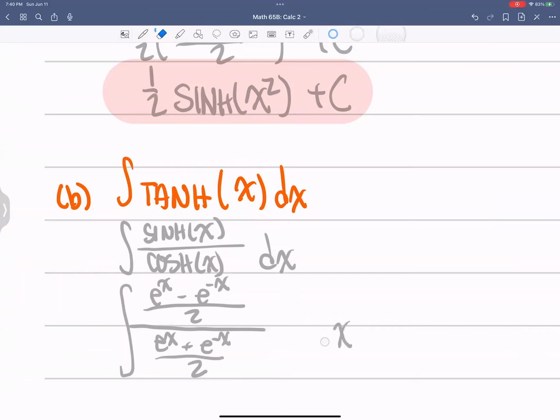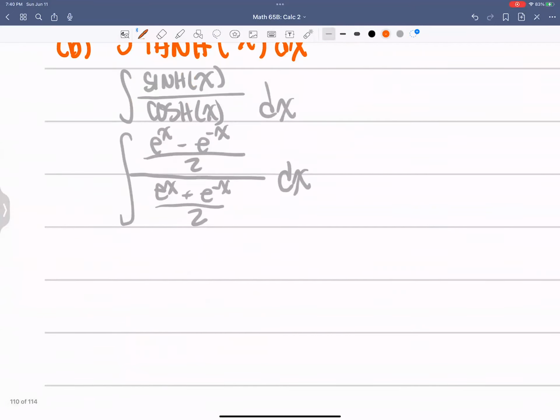Doesn't have to be that long. All right, now from here I want to multiply both top and bottom by 2. So we'll have e to the x minus e to the negative x over e to the x plus e to the negative x.